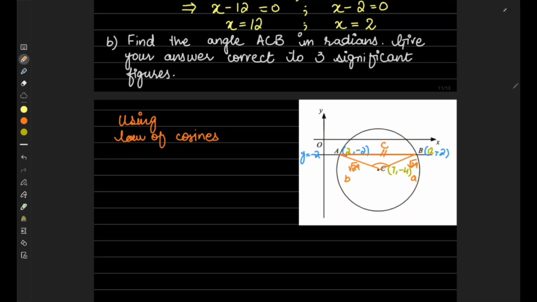If we want to find the angle C, C square will be equal to A square plus B square minus 2AB cos of C. So when we need to find just cos of C, we will be rearranging it. It will become A square plus B square minus C square, first shifting this to the other side, and then divided by 2AB.